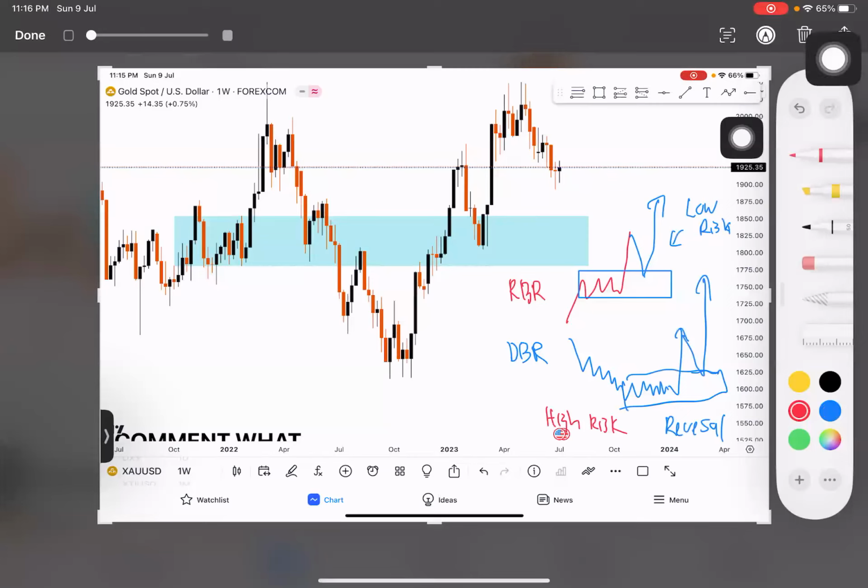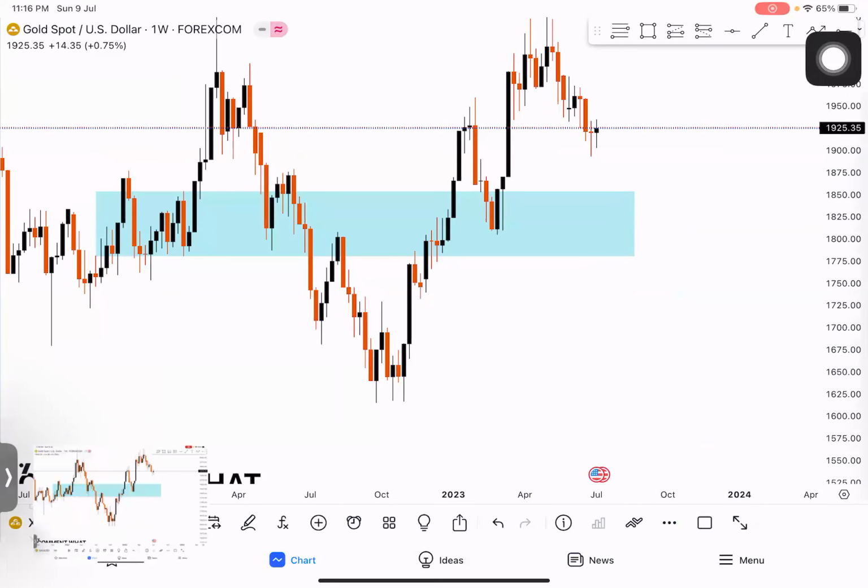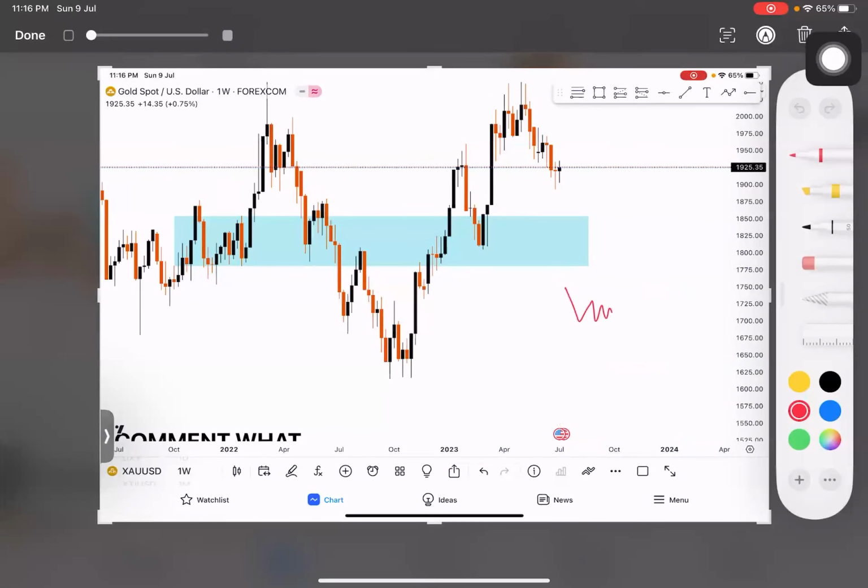For supply it's the same. That one is demand here, and for supply it's the same. Drop base drop is low risk because we ride the trend. We just have to wait for the pullback, and this can be the entry.